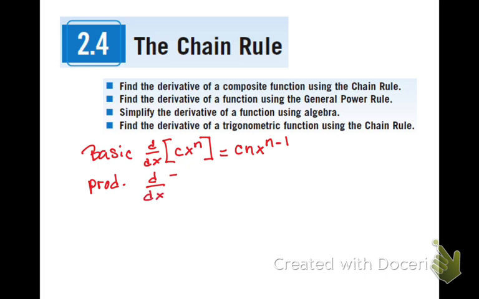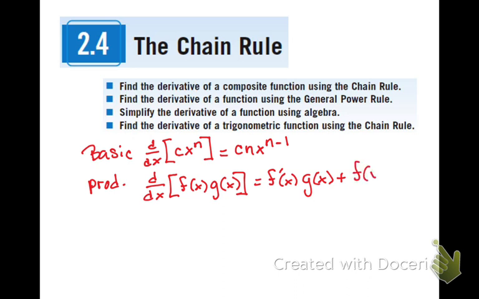Derivative of f times g is derivative of f times g, plus f times derivative of g. Now, if you look in the book, it says derivative of f times g plus derivative of g times f. Does it matter? No.